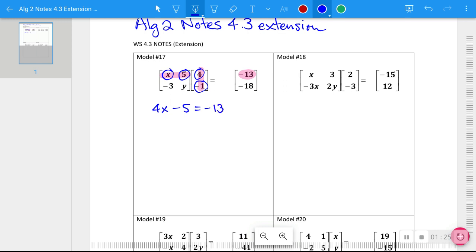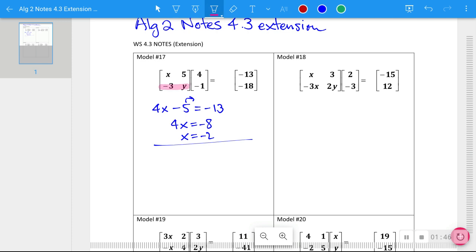Okay, so if we solve for x here, you're going to have 4x equals negative 8, which then gives x equals negative 2. All right, now let me erase the markings I have up there, and we're going to figure out how to use the other part of this.